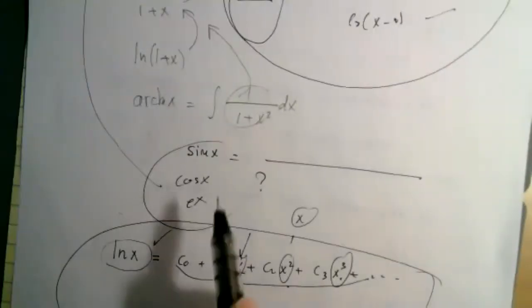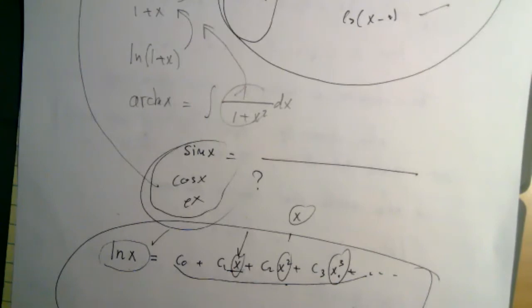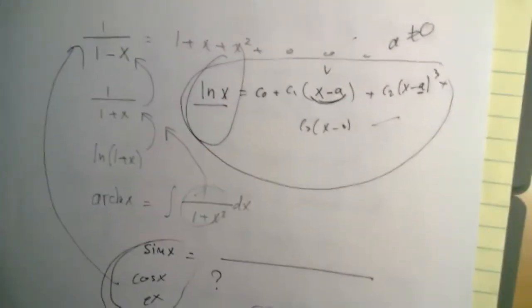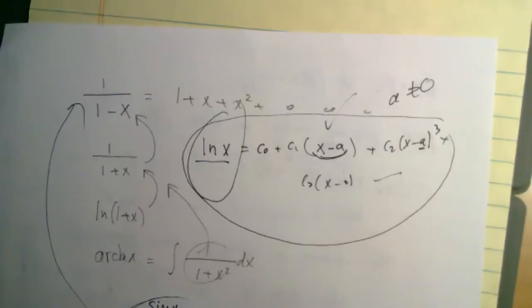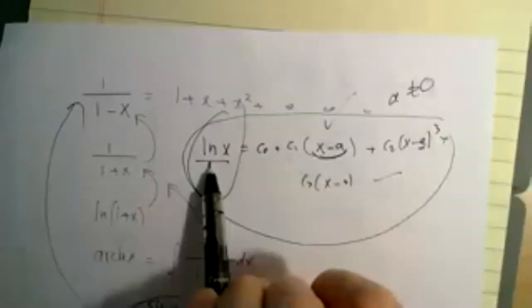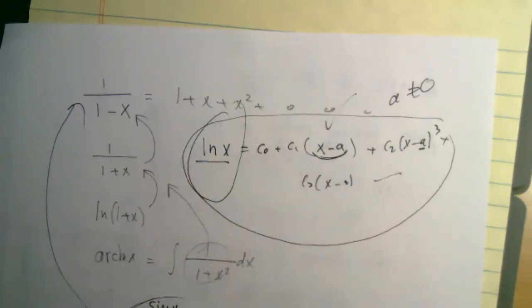First, how to represent functions that we cannot relate to geometric series by a power series, and how we can represent them not only in x, because sometimes I can't do them in terms of x. How can we represent them in x minus a, where a could be basically any number as long as my original function is defined at this point, as well as its derivative.